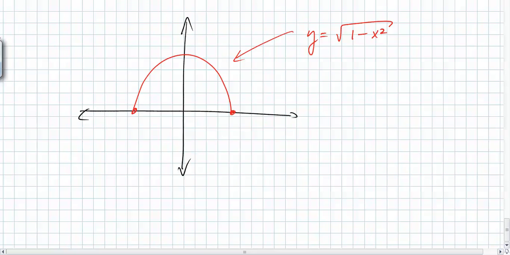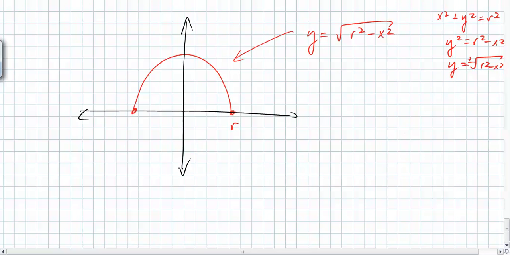So if the radius was r instead, what would change about this equation? It would be r squared minus x squared. That's the only thing that changes. Because what's the equation for a circle? x squared plus y squared is equal to r squared. So what does y squared equal? r squared minus x squared, so y is equal to the square root of that, plus or minus, but we only want the upper half.